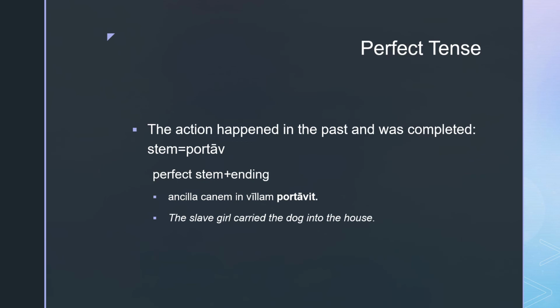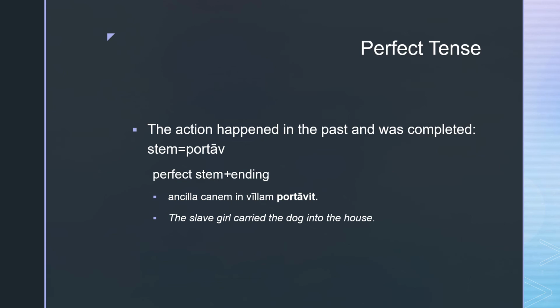Perfect tense. We use that perfect stem. We talked about the third principal part, minus I, and that leaves you with portav. We sometimes call this the V-S-U-X stem because there's the pattern that the stem itself ends with V, S, U, or X. That doesn't always happen, but it does often happen that the stem would end in one of those letters, like it does here. It's different from the present stem.